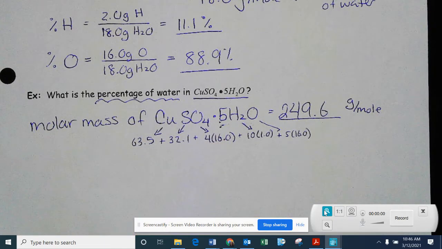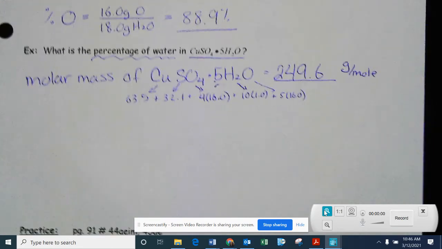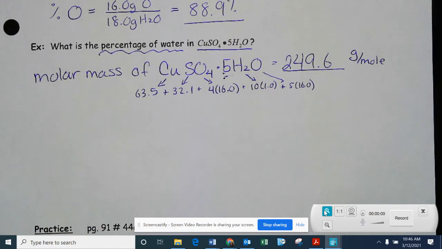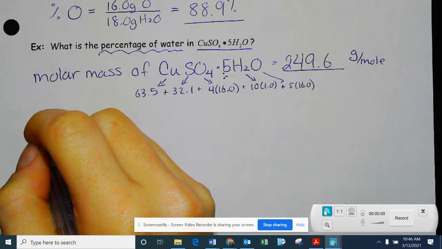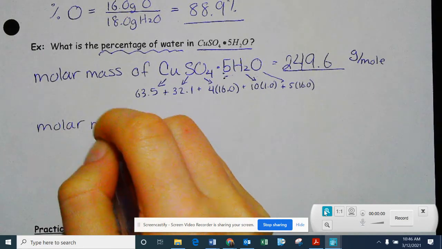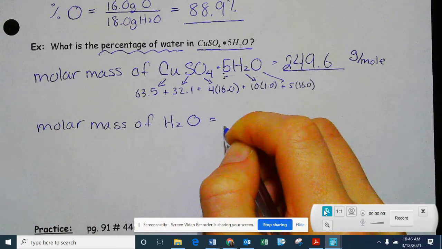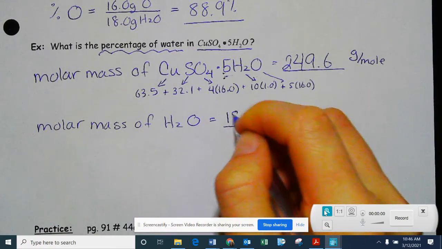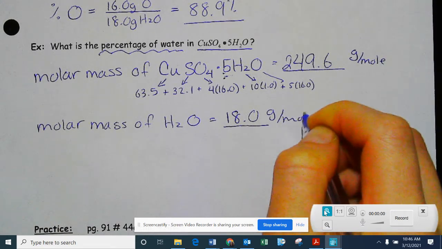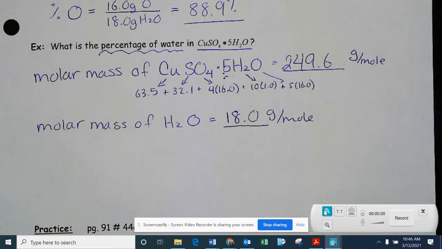Okay, so if we're looking for the percentage of water, we need to find what the total mass of water in one of these molecules is. So we're looking for the molar mass of H2O. We did that above, and it's 18, right? Oh wait, no, sorry, I'm wrong. Yeah, molar mass of water is 18, but then there's 5 per molecule.